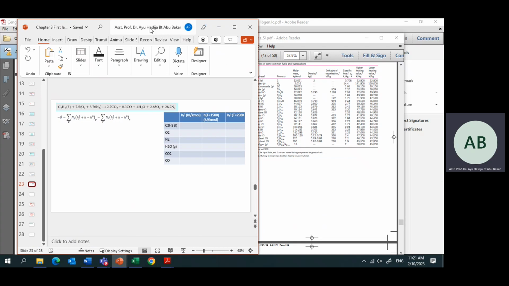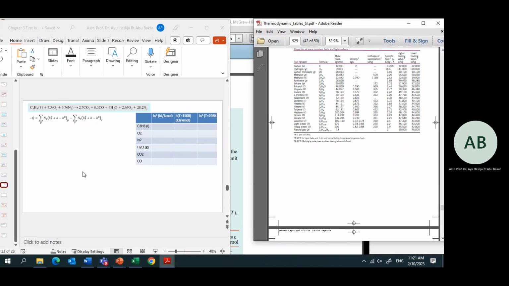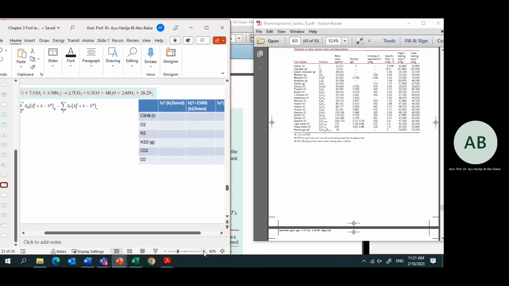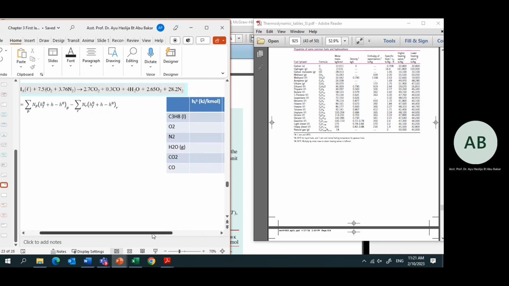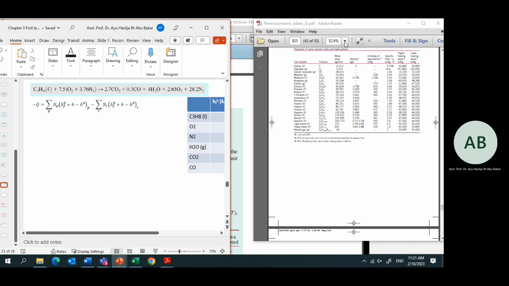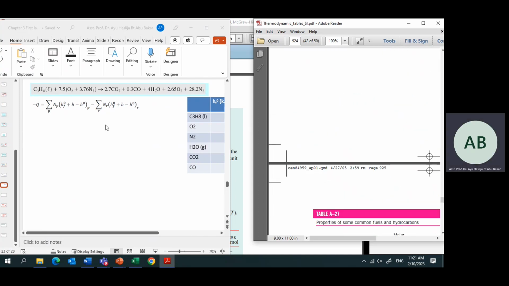I put it side by side. We know that our product is CO2, CO, H2O, O2, and N2.